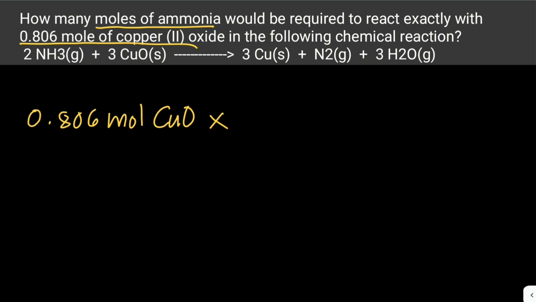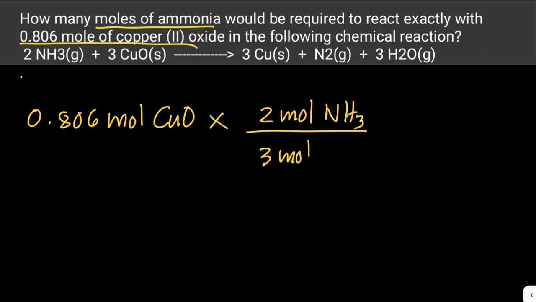Then we multiply this by the mole ratio. That would be 2 moles NH3 and then 3 moles copper oxide.